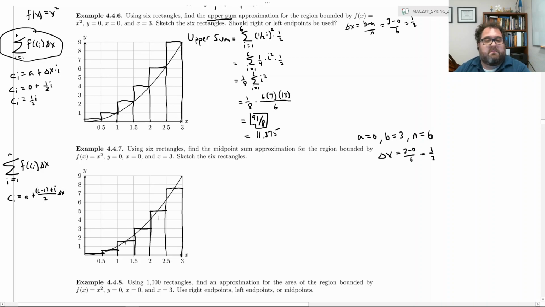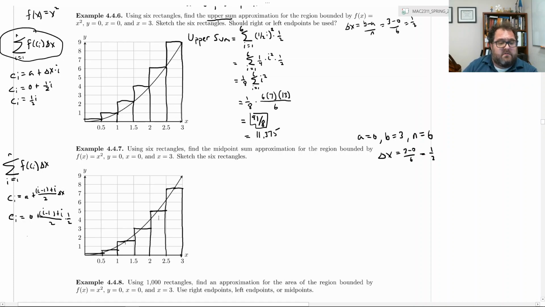Each of the rectangles has a base of 1/2. Now that tells me that c sub i is going to be a, 0, plus (i minus 1 plus i) over 2 times delta x, which is 1/2.